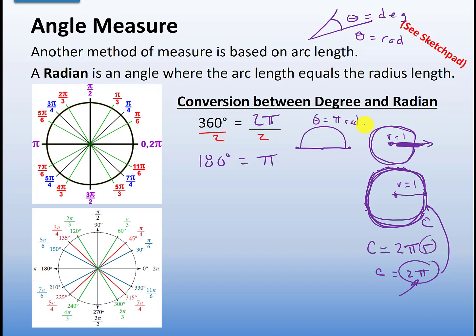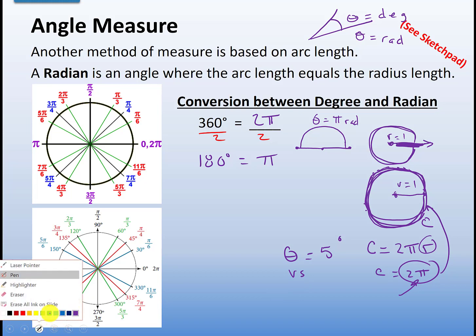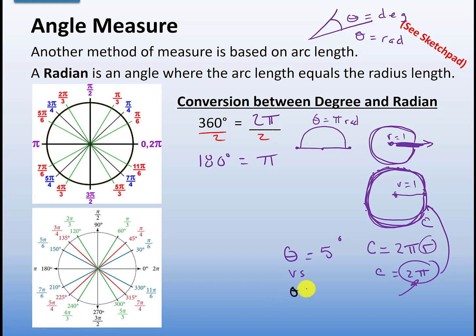And so when we measure angles, we have to distinguish between 5 degrees versus this one. So if we say theta equals 5, that's different. That is going to be understood as a radian value, since there's no unit on it.